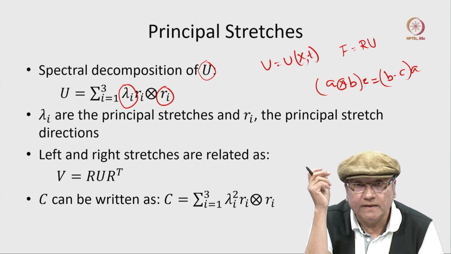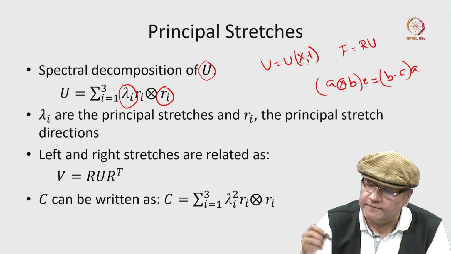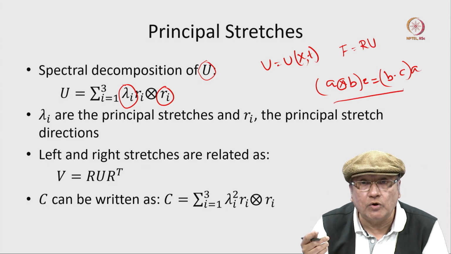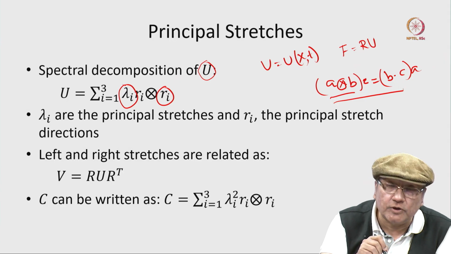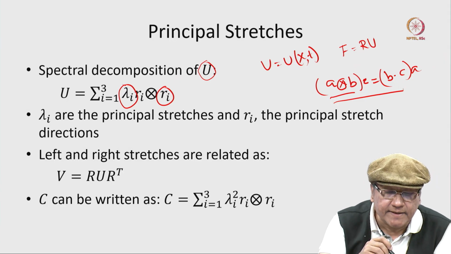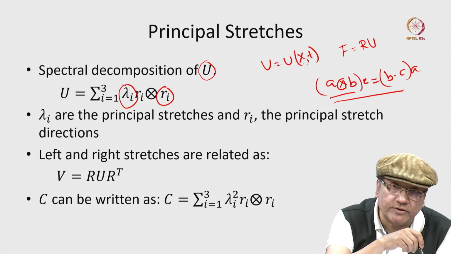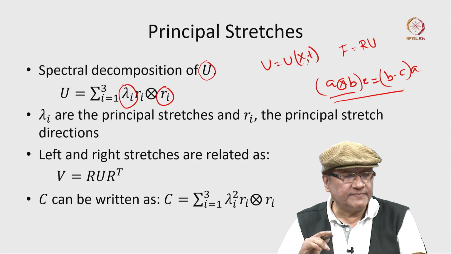A is a vector. So just to recall, this is the definition of a tensor product, right. So basically the tensor product of two vectors gives a matrix, right. So R_i tensor product R_i gives another matrix that is multiplied by lambda_i. The sum over all such terms will reconstruct U. That is the idea of spectral decomposition.